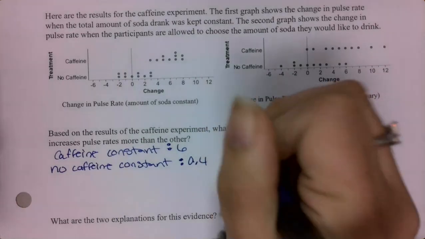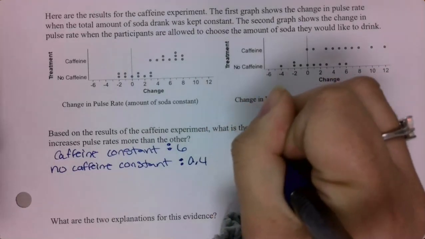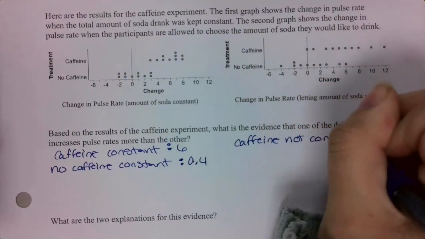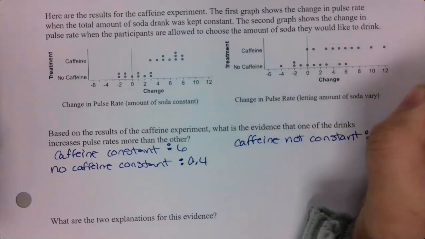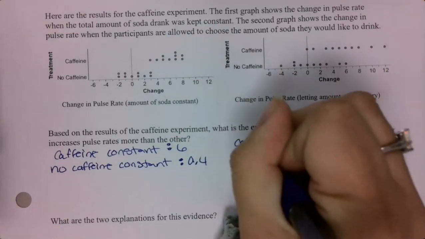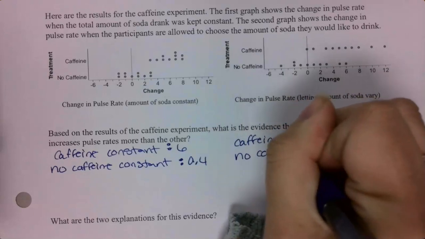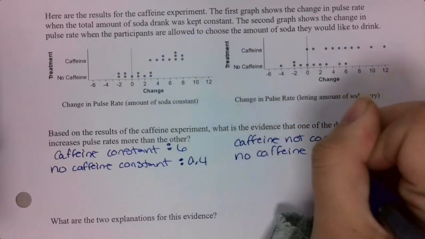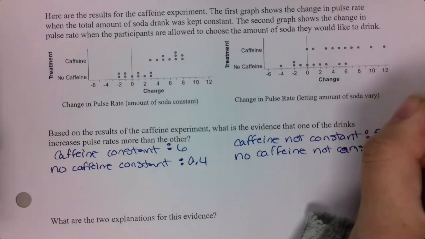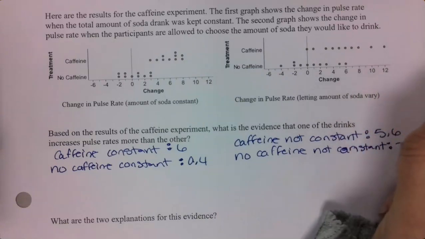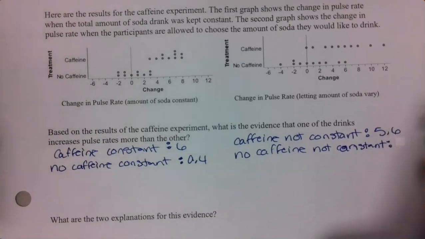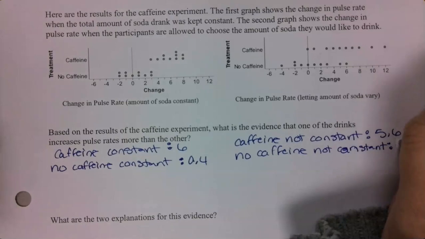And then caffeine not constant? And no caffeine not constant. What was that? I wanted 0.8. What am I writing? Okay.